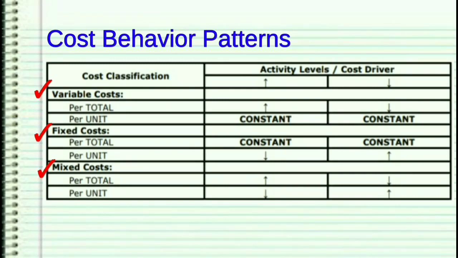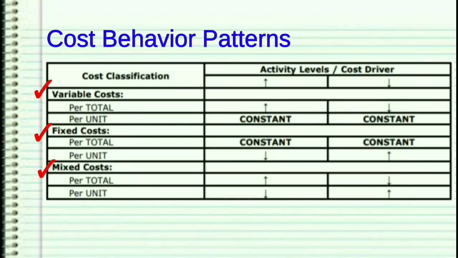Of course, yung variable costs, nahati yan sa dalawa. We have variable costs per total and we have variable costs per unit. Please do not be confused. Yung variable costs per total, pareho lang yan sa total variable costs. At yung variable cost per unit, pareho lang yan sa variable cost per activity level or cost driver.